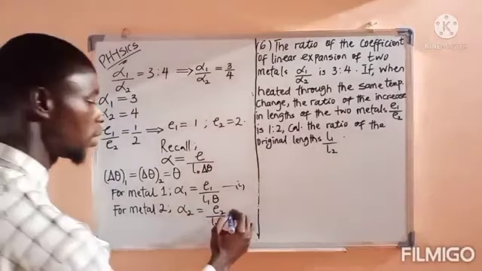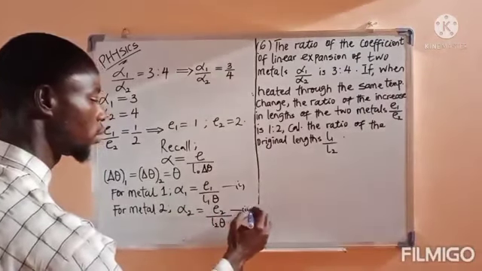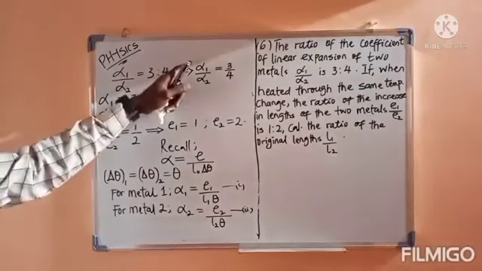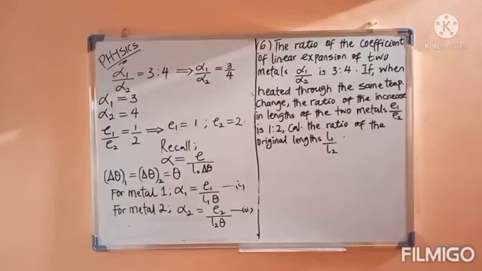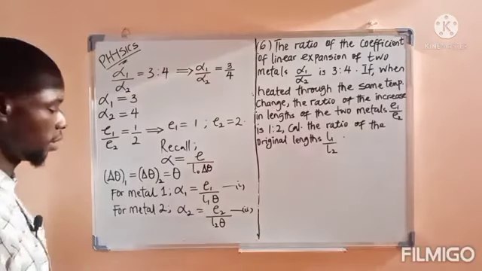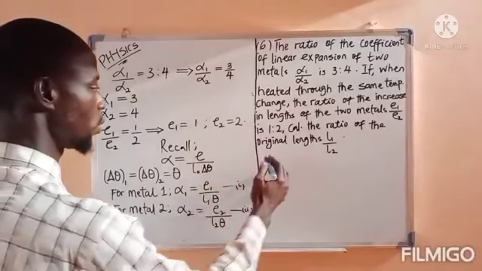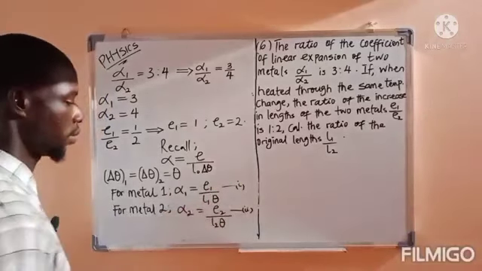I can call this equation 2. Now, in order for me to get the ratio, or possibly there are many ways you can apply this, as simple as it is here, I might just substitute the values.